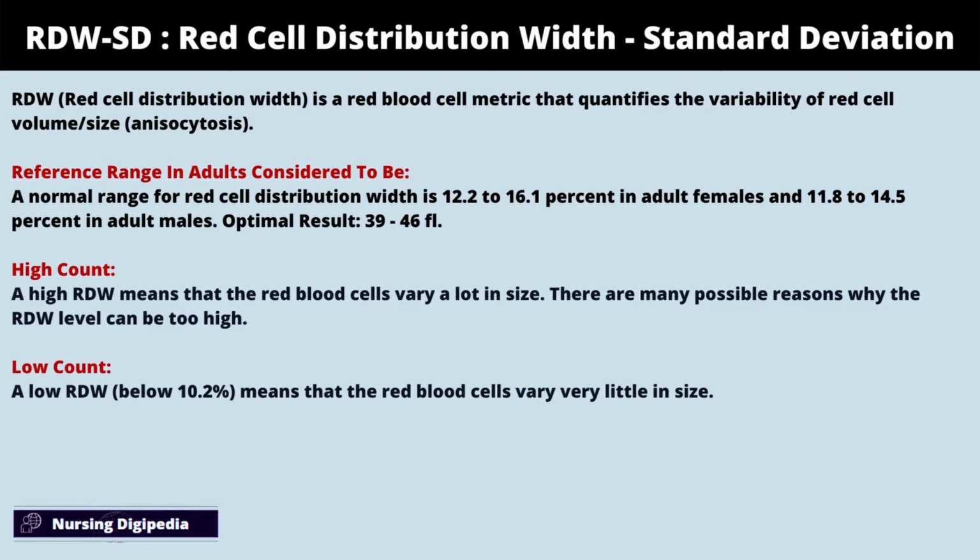Optimal result is between 39 to 46 femtoliters. A high RDW means that the red blood cells vary a lot in size. There are many possible reasons why the RDW level can be too high. A low RDW below 10.2% means that the red blood cells vary very little in size.